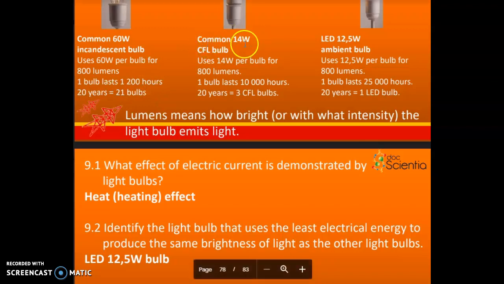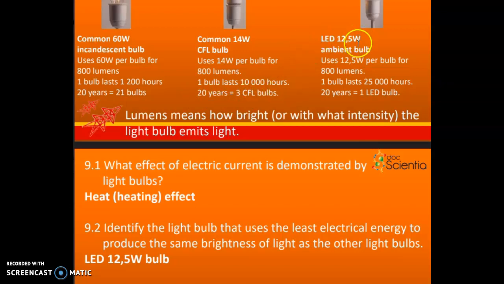Here we have the common 14 watt, is a SFL bulb. It uses 14 watts per bulb for 800 lumens, and one bulb will last 10,000 hours. So in 20 years you will use 3 SFL bulbs.